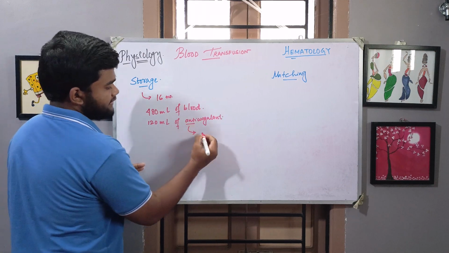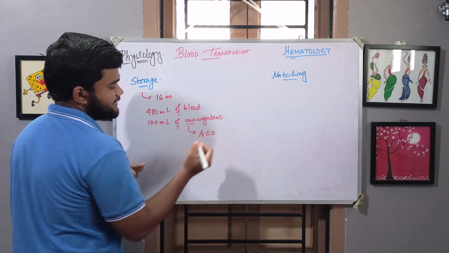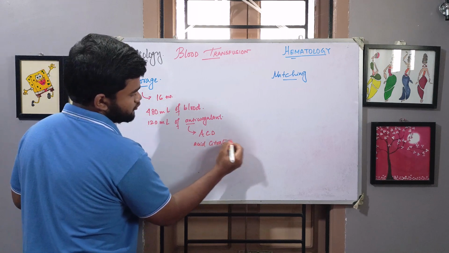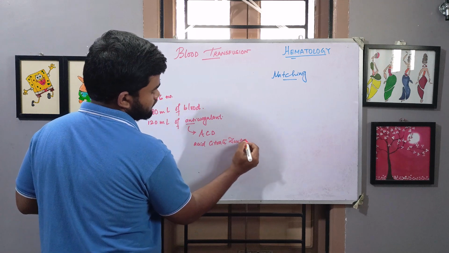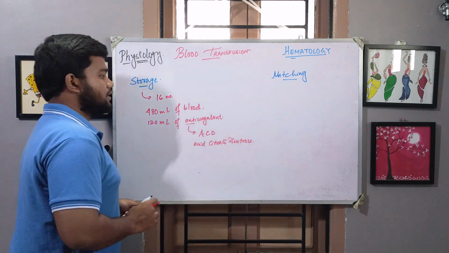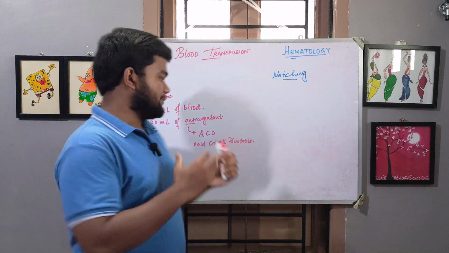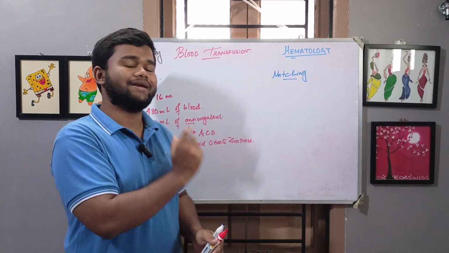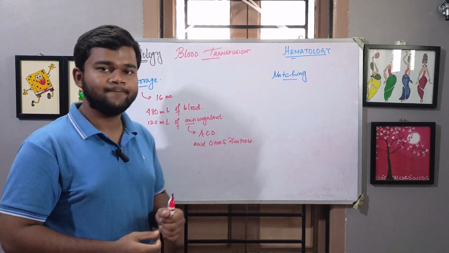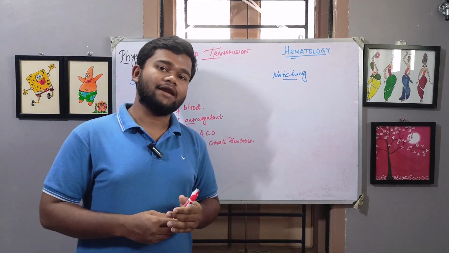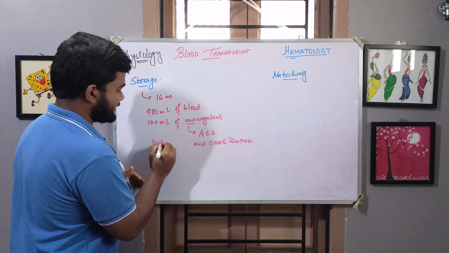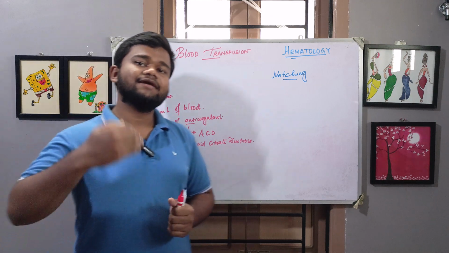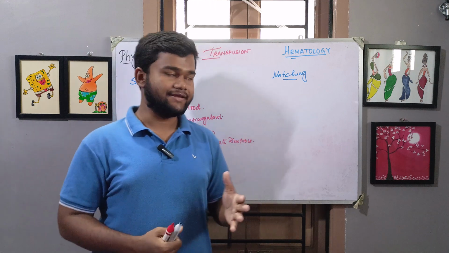The anticoagulant used is basically ACD, that is acid citrate dextrose. This preparation of the bottle with 480 milliliters of blood and 120 milliliters of anticoagulant is preserved at around 0 to 4 degrees centigrade, and then it can be used when necessary.